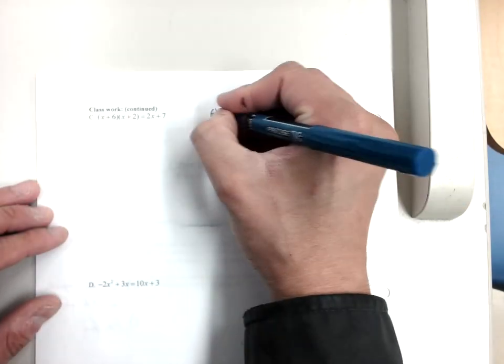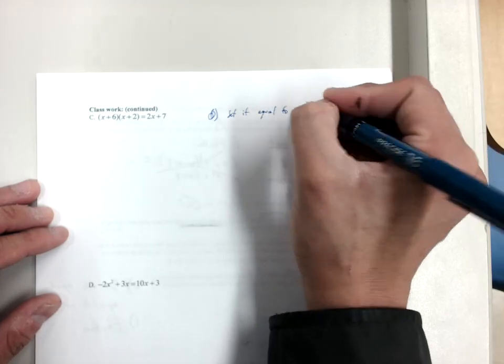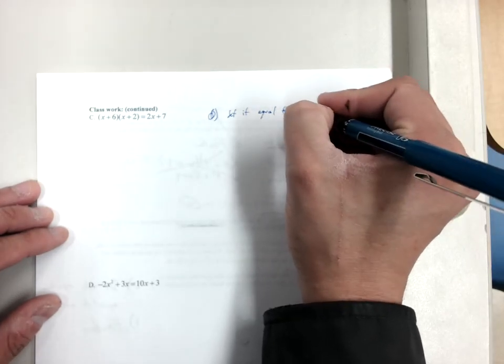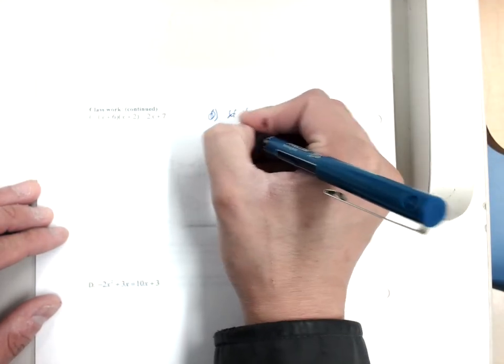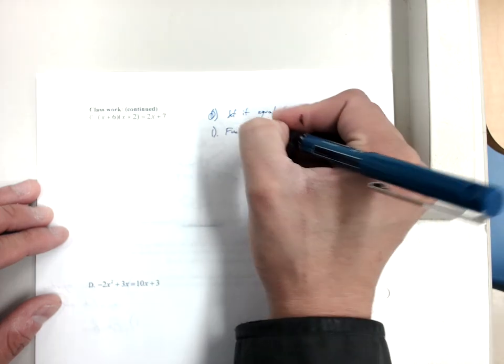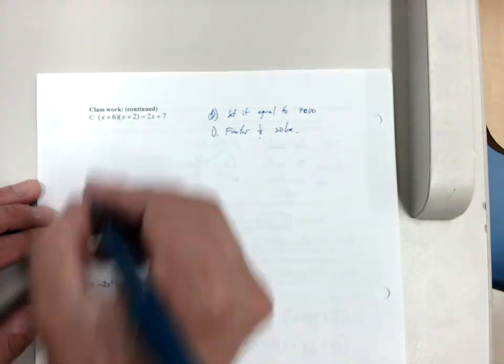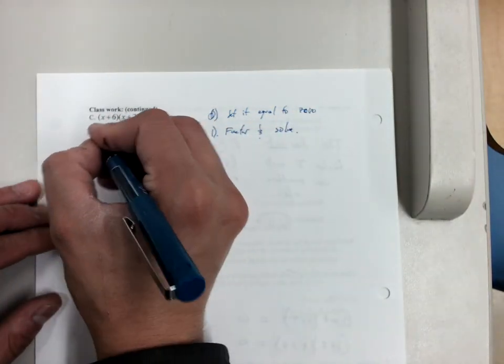On the next page, question C, the same kind of thing. Step 0, set it equal to 0. Step 1, then you factor and solve. Again, just to model, the first step is to set it to 0.